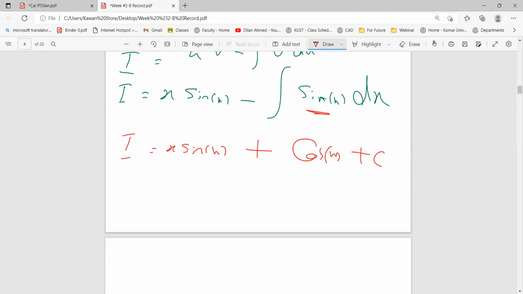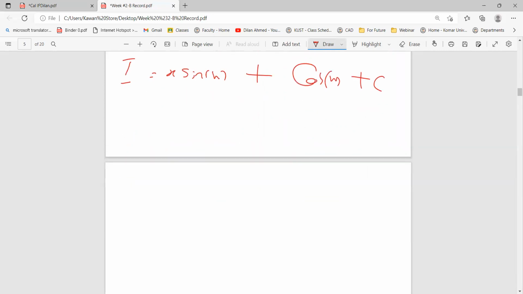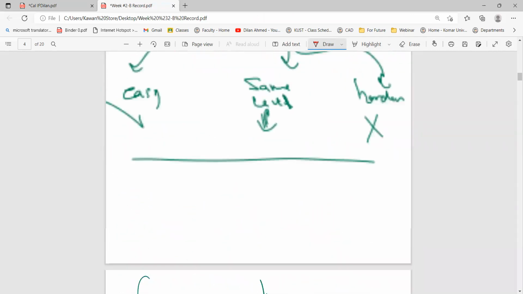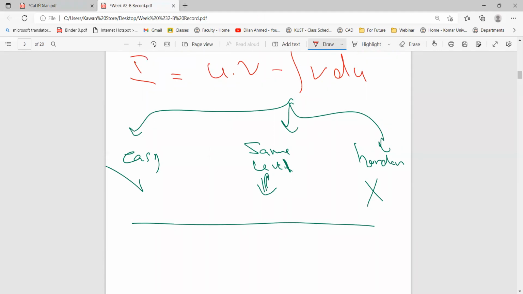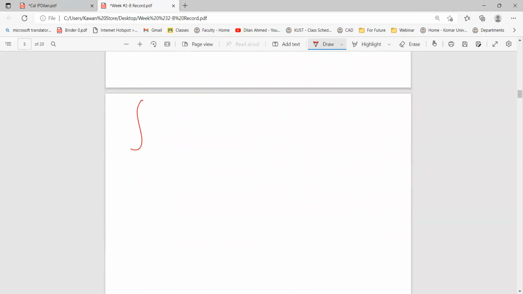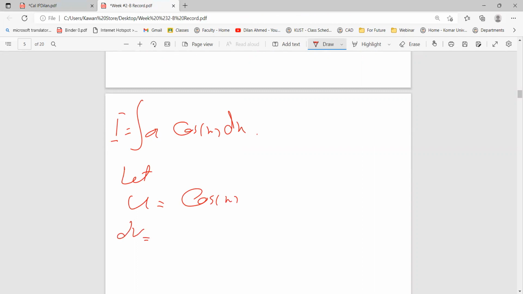So I'm going to solve that example again by mistake to understand what I mean by that chart. Okay. So I'm going to solve the same example, I equal to x cosine x dx. I say let u be cosine x, dv be x dx.